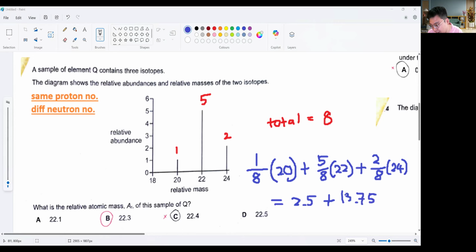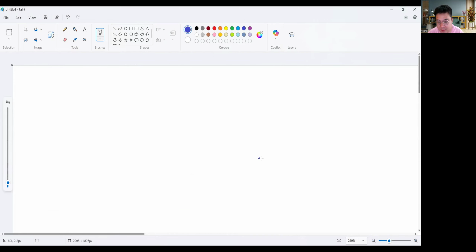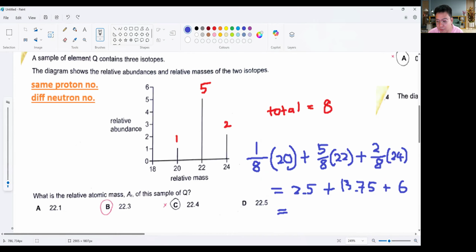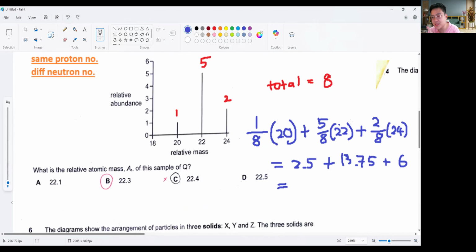Okay, pardon my ugly handwriting. And then 24 times this, plus 6. But for the more pro students, what you can do is you just type it all and get the answer straight away. Let me just calculate that.